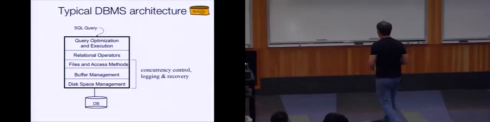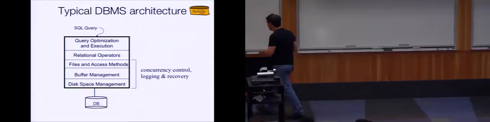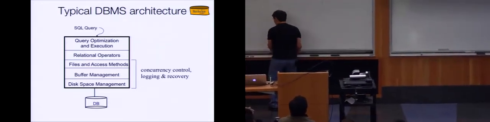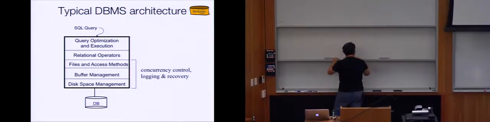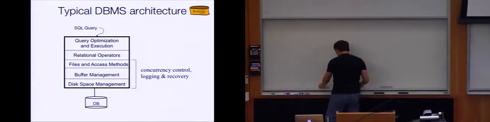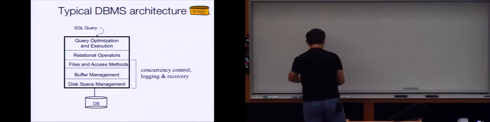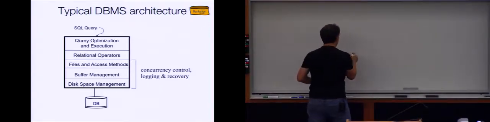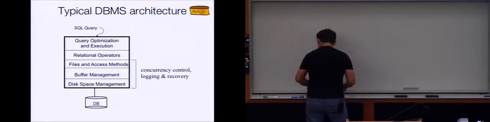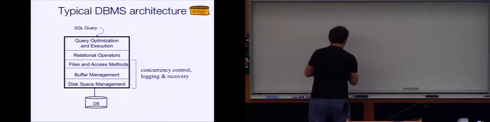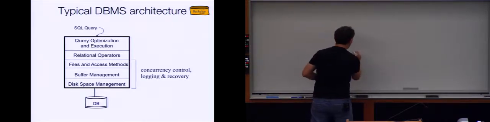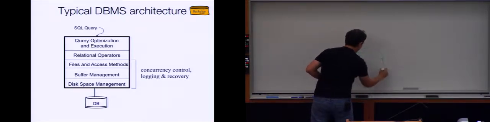Underneath those file access calls, and here's probably worthy of another picture, is something called a buffer manager, which is a kind of cache in memory. So imagine this is a whiteboard marker. Okay. Here's your disk.